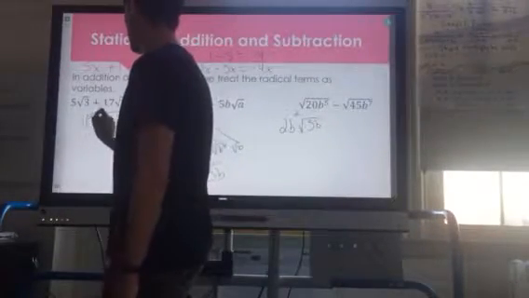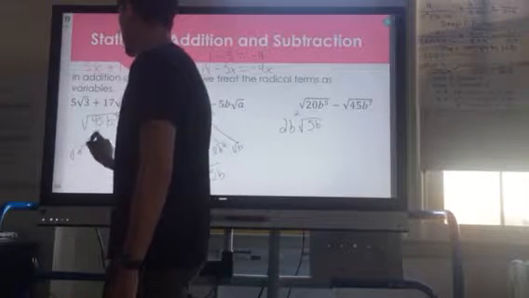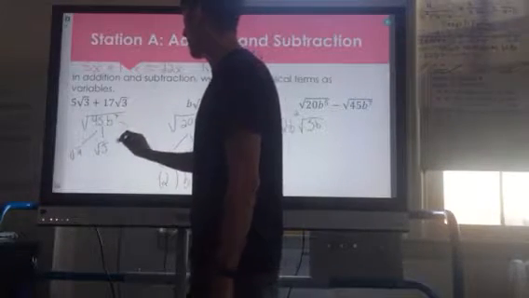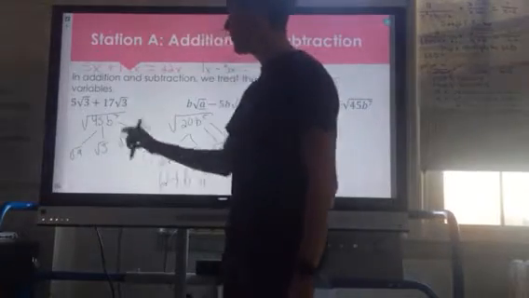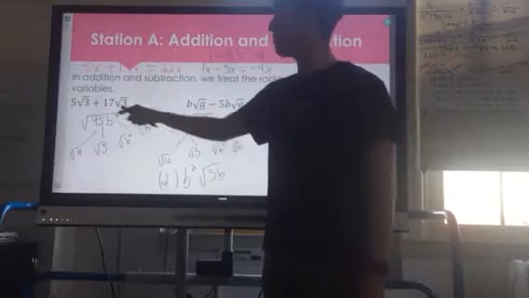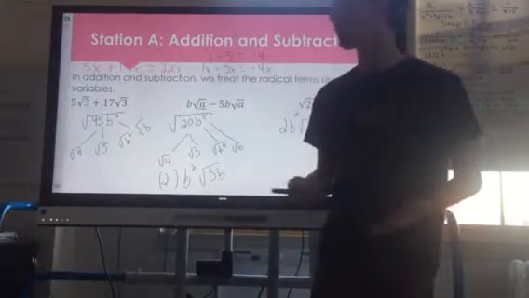So 45b to the 7th, I'm going to have the square root of 9, the square root of 5, and I'm also going to have the square root of b to the 6th and the square root of b. If you have an odd power, just subtract 1. So I know that 6 plus 1 will give me 7, because any even exponent is going to be a perfect square.